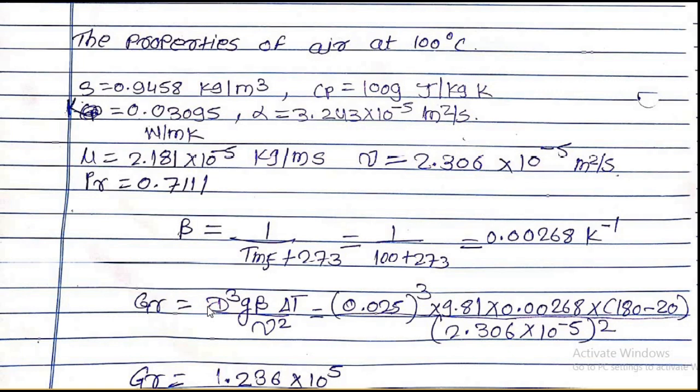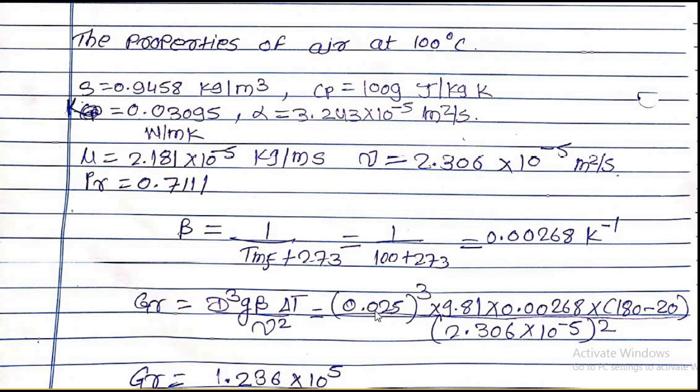Grashof's number. Now in case of a horizontal cylinder, the diameter of the cylinder should be considered as the characteristic dimension. So here this characteristic dimension should be considered as the diameter of the tube. So d cube multiplied by g multiplied by beta multiplied by delta t divided by nu square will be the Grashof's number.